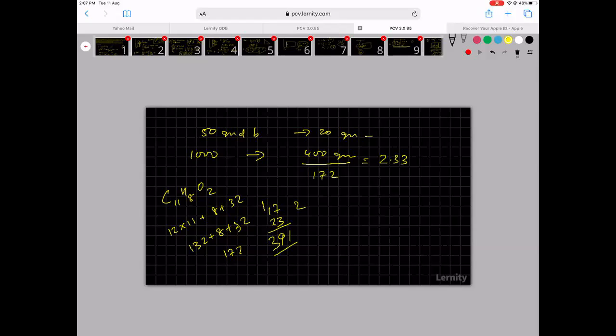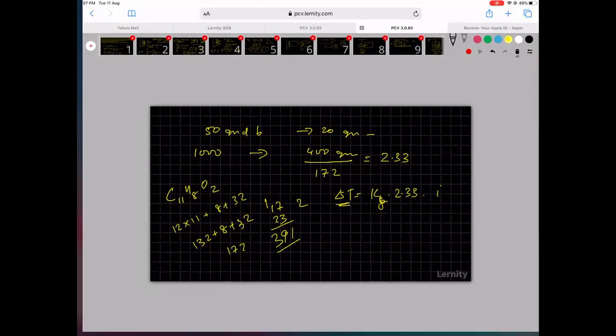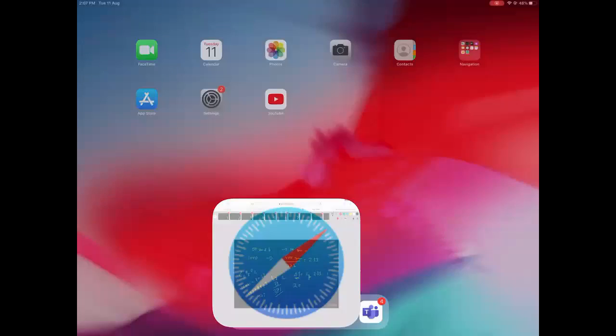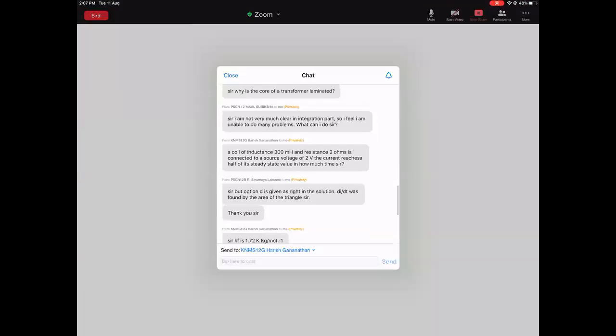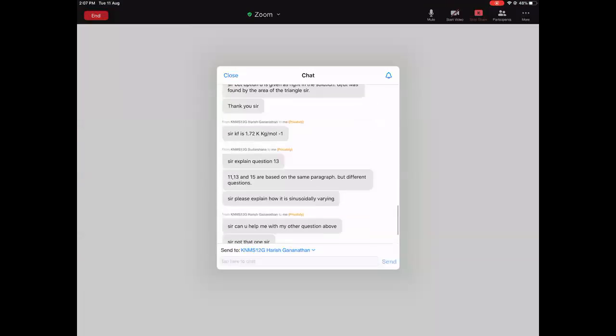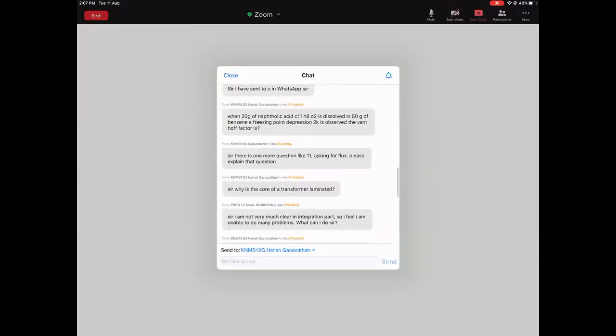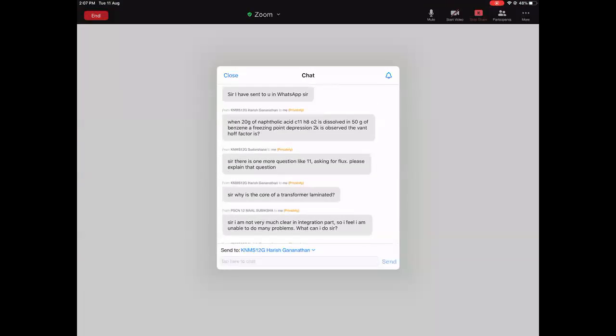So now delta T is equal to Kf into 2.33 into i. Delta T is given to you as 2. Kf is 1.72.